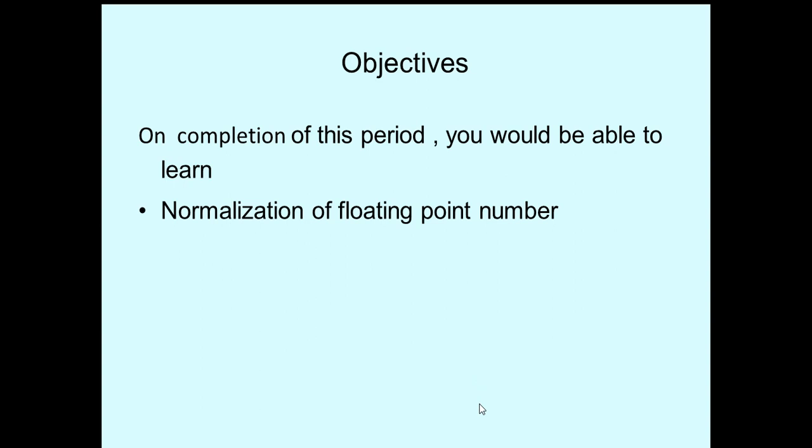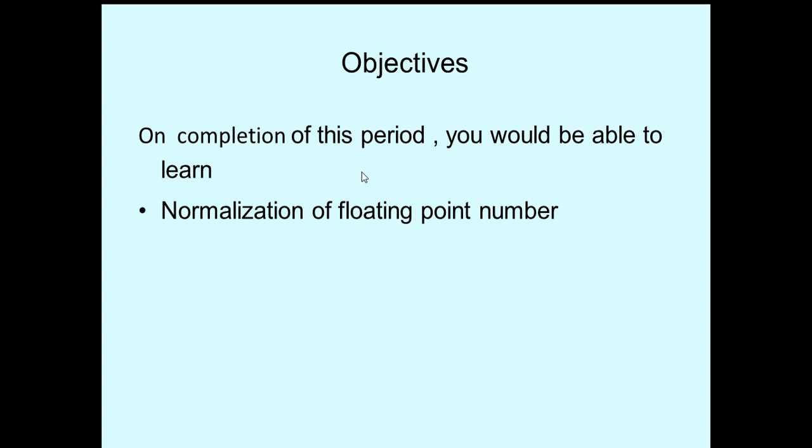But for a floating point number, two registers are needed to store the number represented in floating point representation. One register is used to store the mantissa value, and another register is used to store the exponent value.